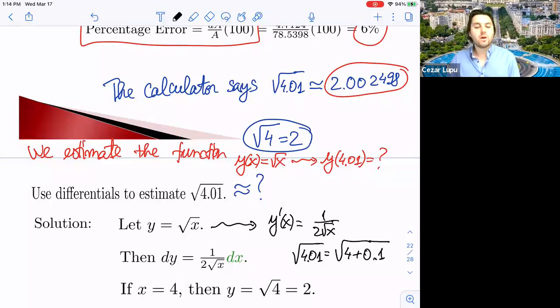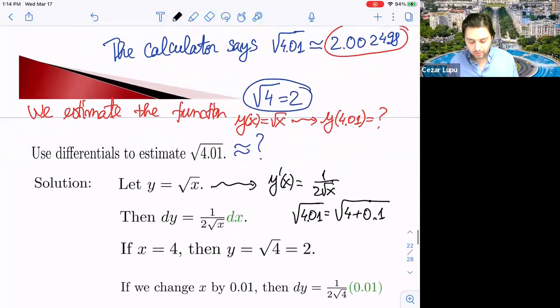But now let's go back to our problem. We changed this a bit, right? Because we know that 4.01 is 4 plus 0.01. So once we change x by 0.01, we'll have the following.